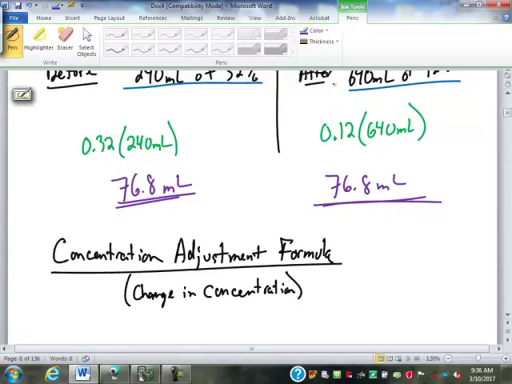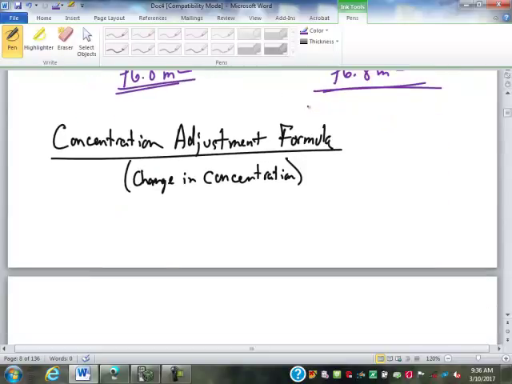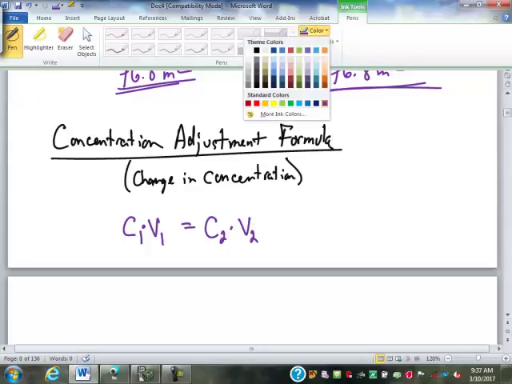And what this formula says is, as long as all we are doing is adding some sort of a neutral substance, saline, sterile water, whatever, as long as we're only adding stuff with no medicinal value, C1 times V1, 1 just means the first, so the first concentration times the first volume will equal C2 times V2. The 2 there just means the second. So will equal the second concentration times the second volume.